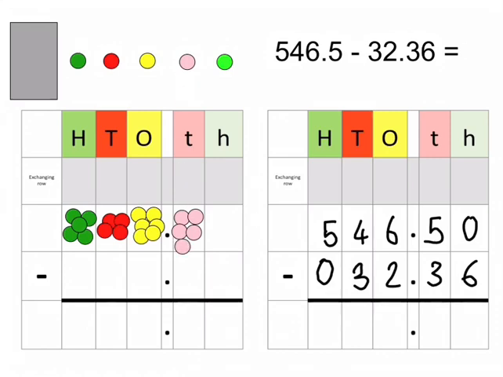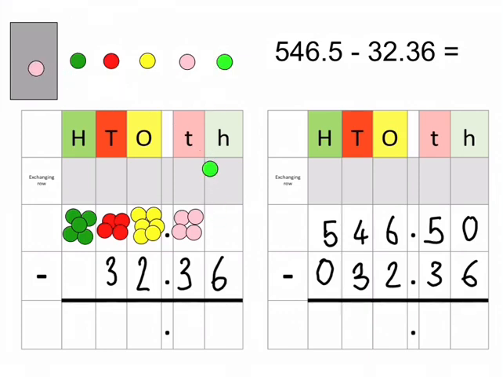We need to take away from that 32.36. Right. No hundredth, I need to take away 6 of them. I can't do that. But I can take a tenth and swap it for 10 hundredths.